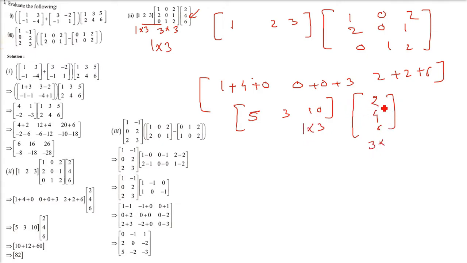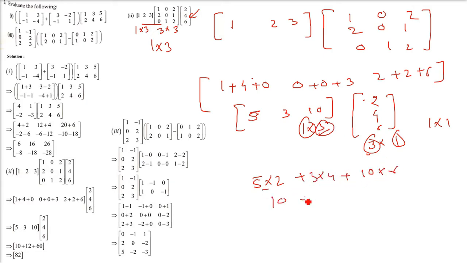So there will be only 1 entry in the final multiplication, that is 1 row, 1 column. Okay, 5 into 2, 3 into 4, and then 10 into 6. Just add them. What do you get? This is 10, this is 12, this is 60. 10 plus 12 is 22, plus 60, 82. 82 will be the result.